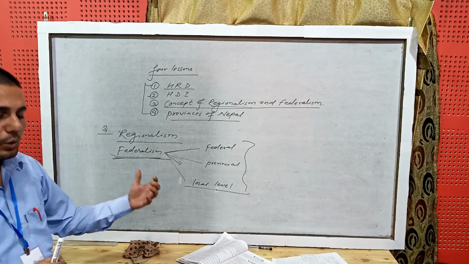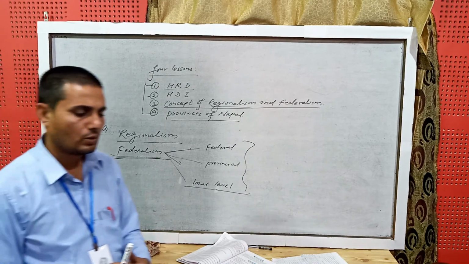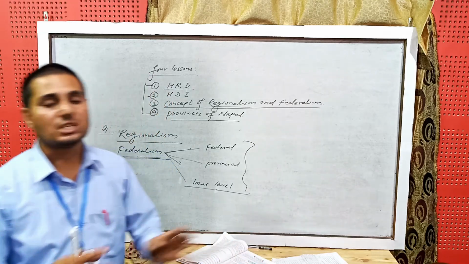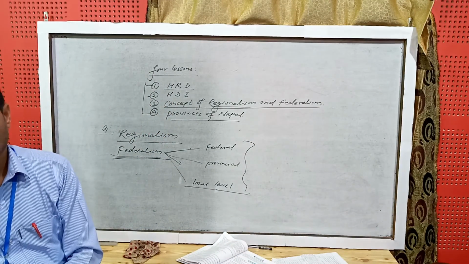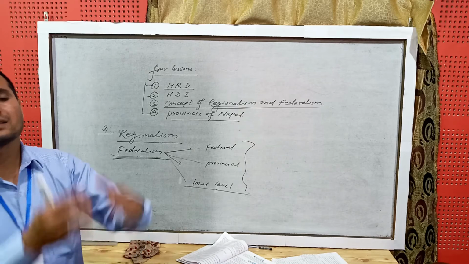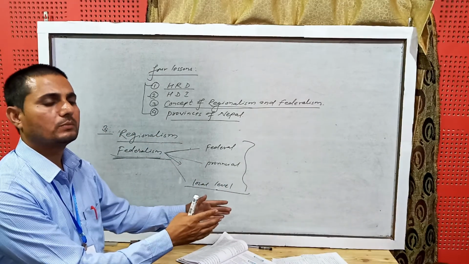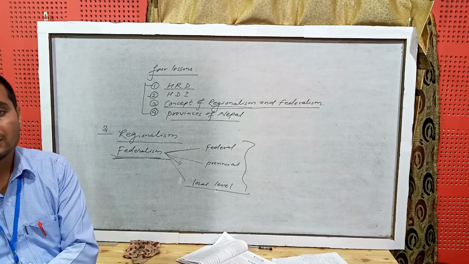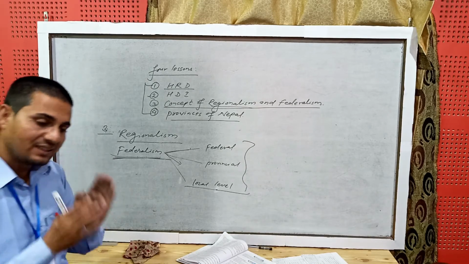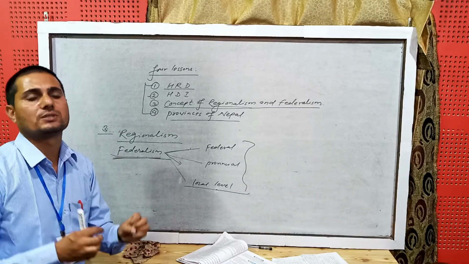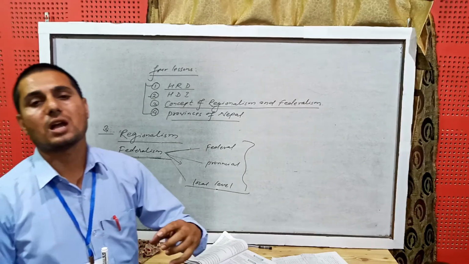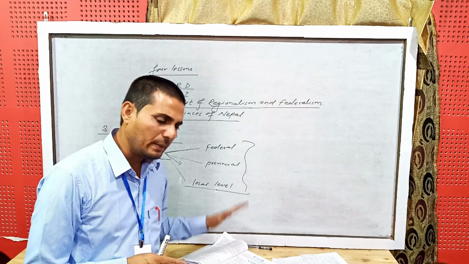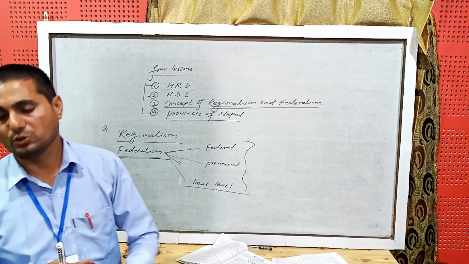And questions like what are the advantages of federalism, disadvantages of federalism, what are the types of government in the federal system, why did regionalism fail, give your logic. Like this, such questions are asked as short answer questions. And dear students, very long questions will not be asked from this unit.